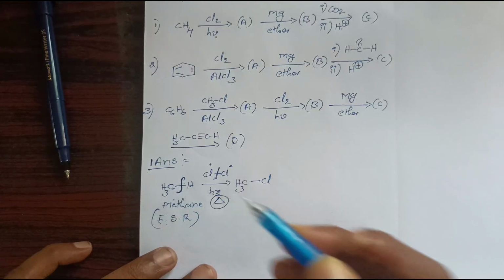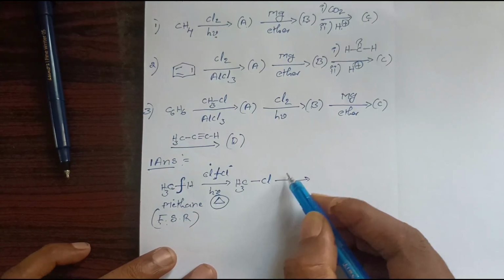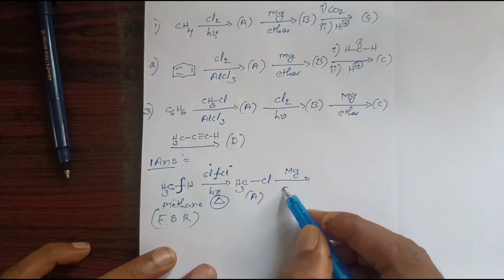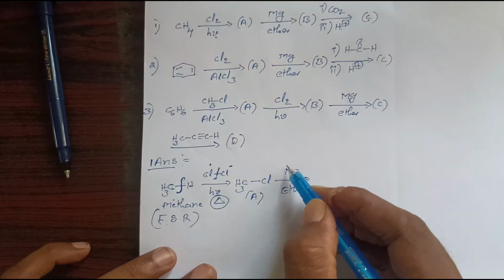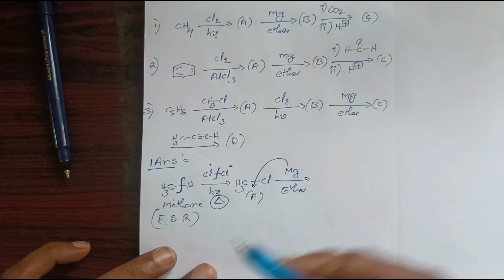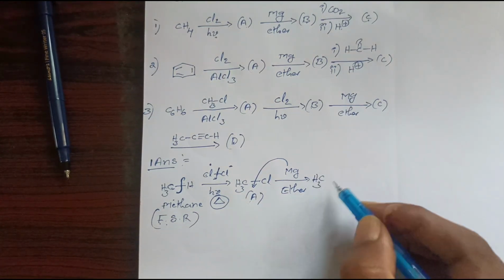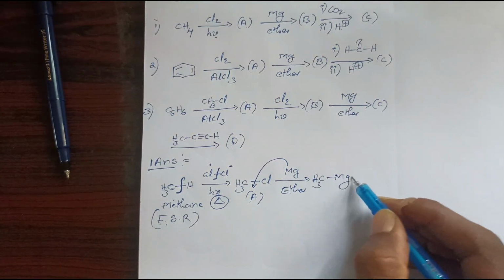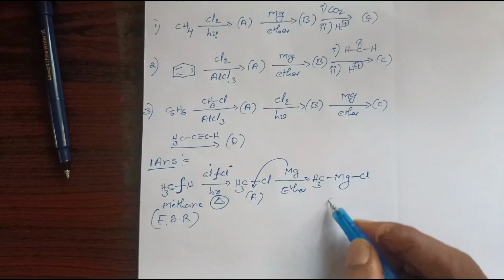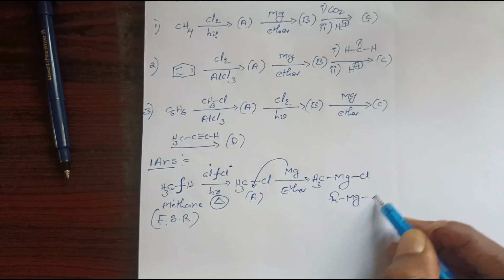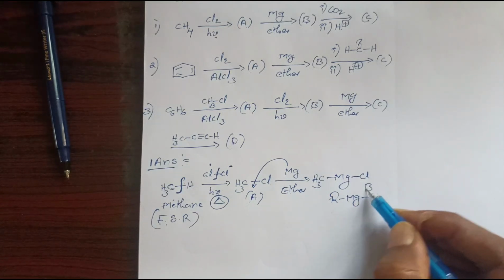This is A. Next, magnesium and ether is given, and insertion of magnesium takes place. So CH3MgCl, what is this? Grignard reagent, RMgX. This is B.